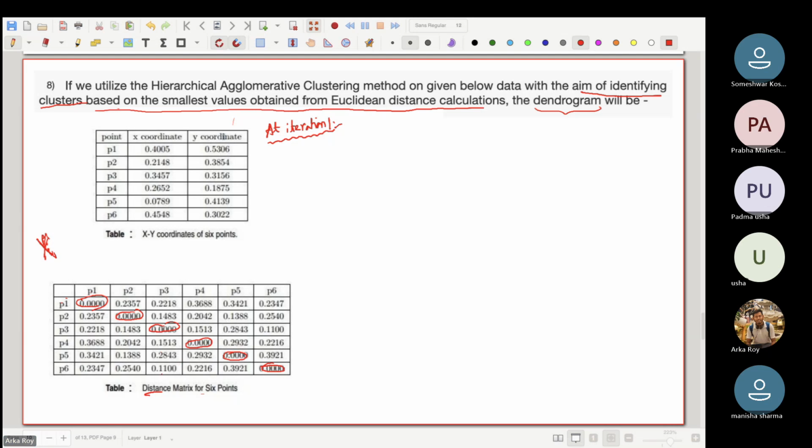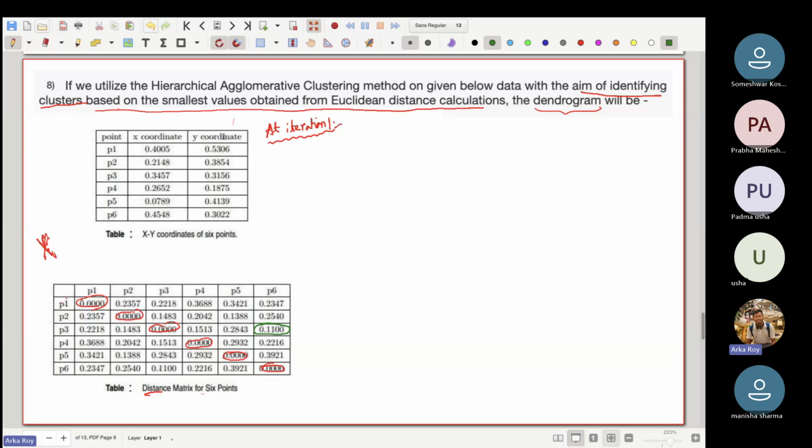Among the whole distance representation, we can see that the P3, P6 distance is the lowest one, 0.1100. 0.1100 is the lowest value in the matrix.